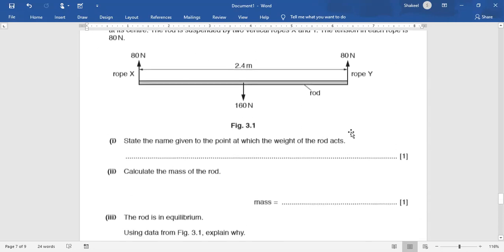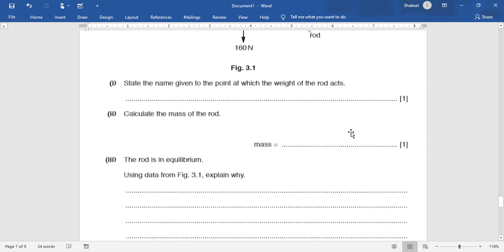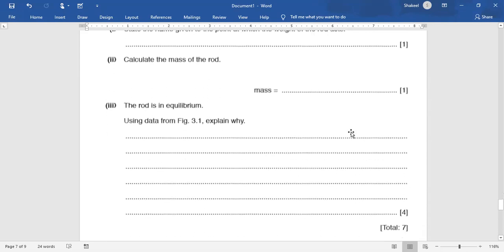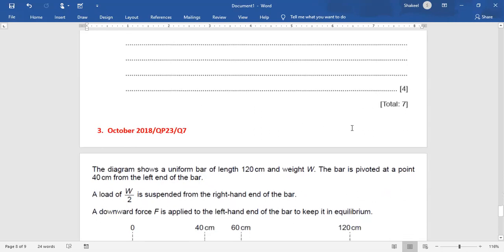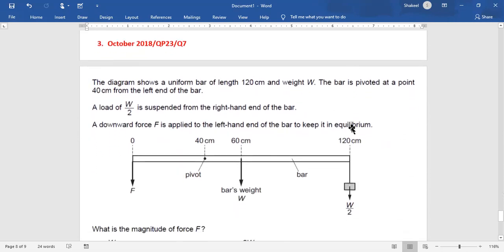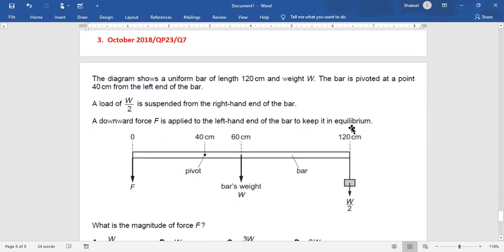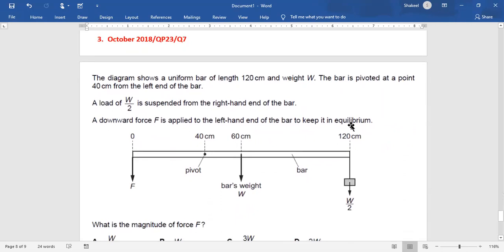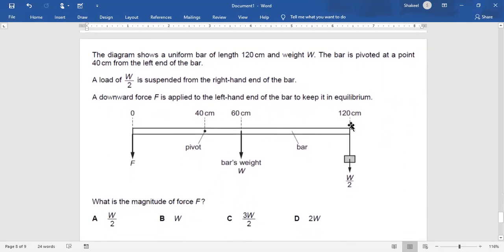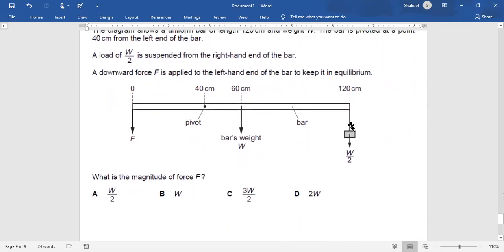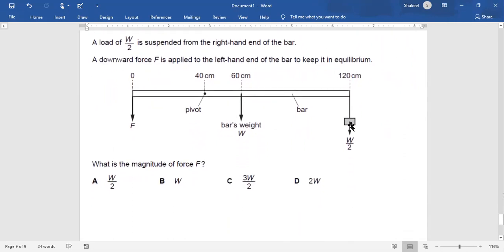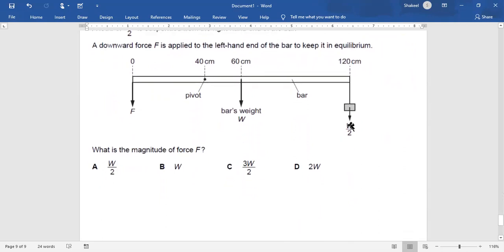And after solving, you can comment in the chat box if you want to take any help. And this is another question. This is an MCQ from October 2018, question paper 23, question 7. Again, you can stop the video and solve it, and then you can always take my help by writing in the chat box.